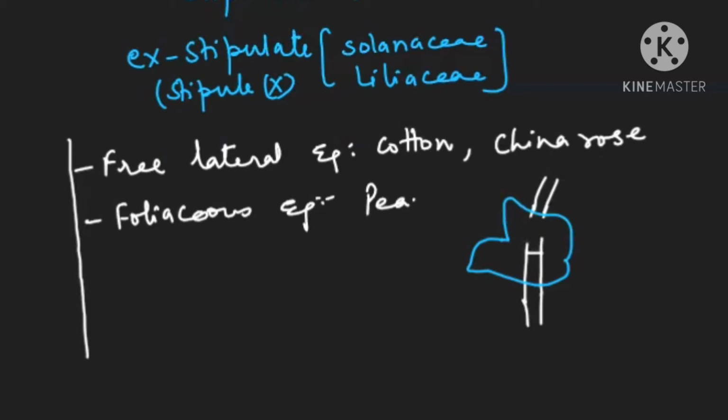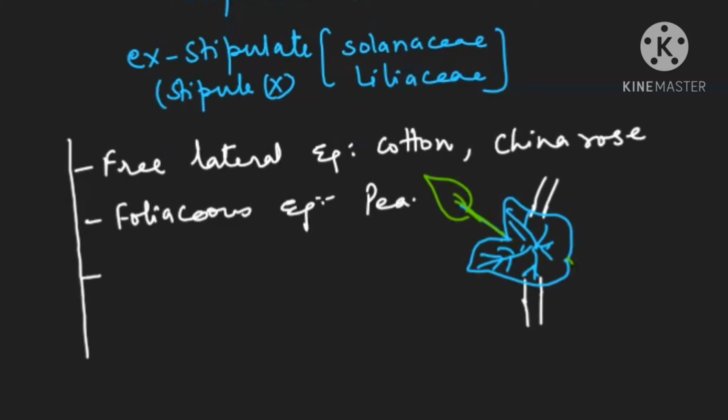Here you find that the stipule has become leaf-like, showing a network of veins and veinlets. This is the leaf which is present here. So the foliaceous condition is seen in the pea.